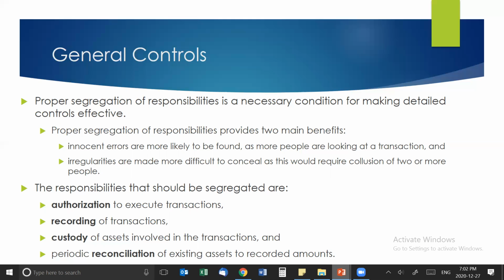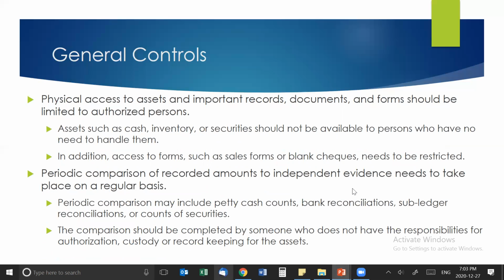And periodic reconciliation shouldn't be done by the same person, for example someone doing an inventory count at the end of the month to check whether the existing assets match what's recorded. Okay, so all these duties should be segregated among different people.